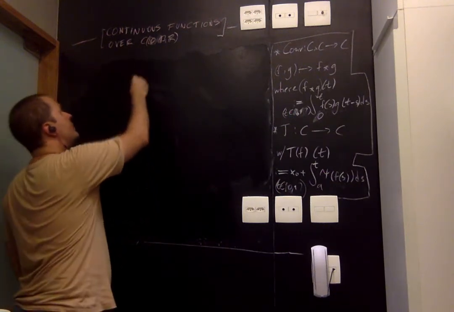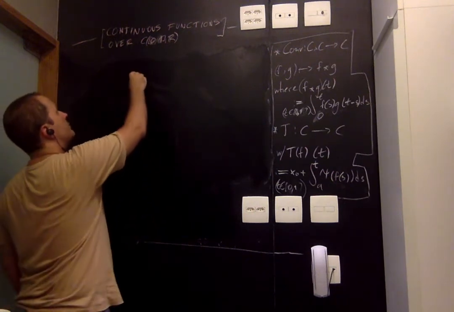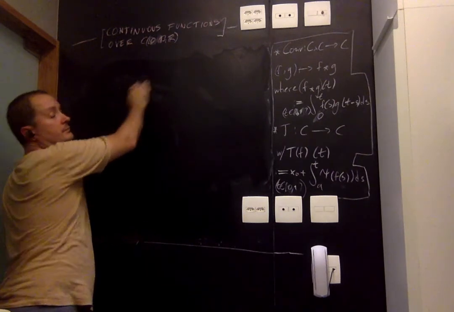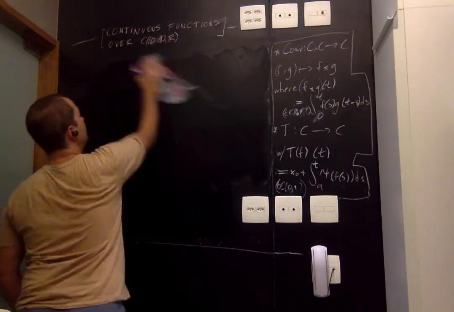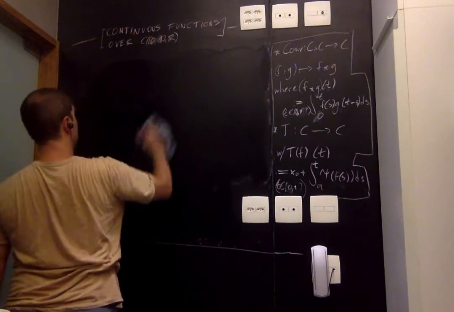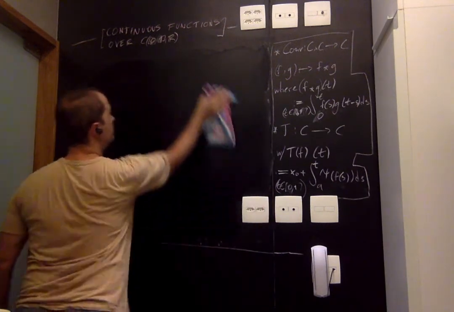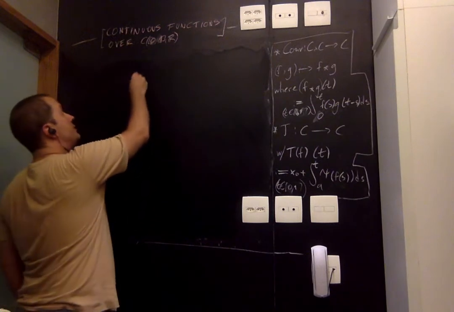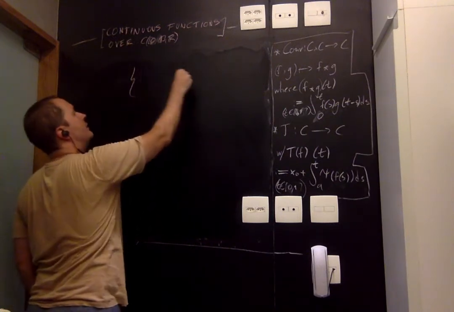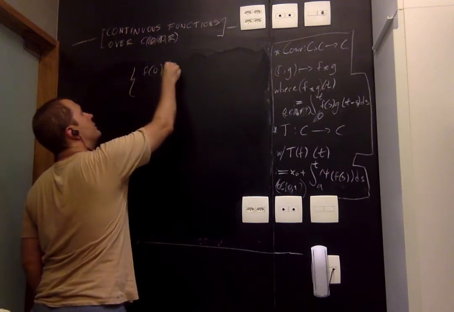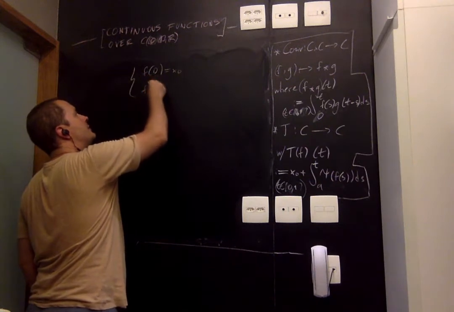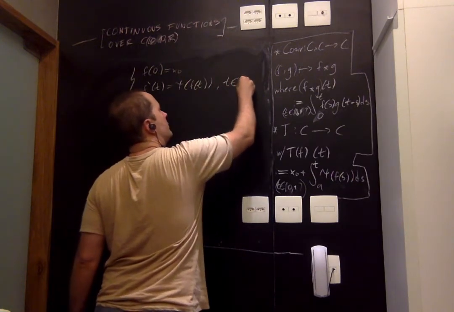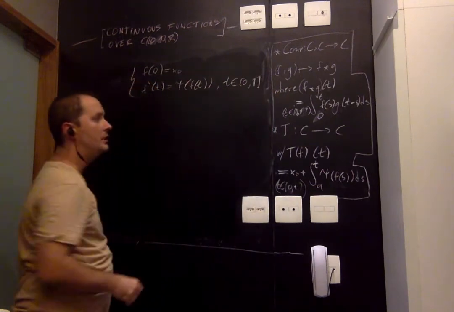A typical problem in the theory of ordinary differential equations, the Cauchy problem, is that I want to find a function f such that f of 0 is x naught, and f prime of t satisfies psi of f of t, for t, say, between 0 and 1. Well, you can ask for a larger time interval, but let's stick with 0, 1 because that's what we're considering.